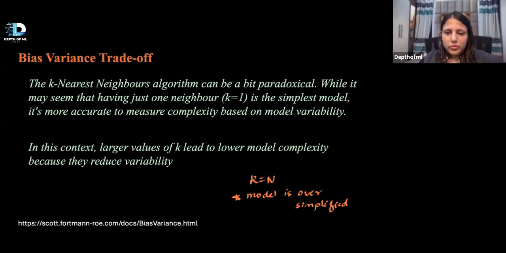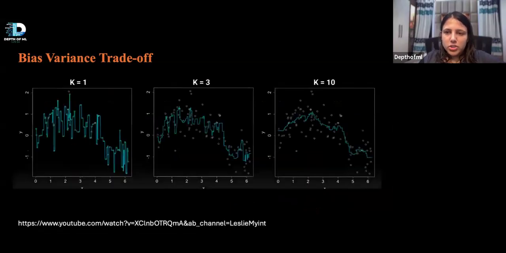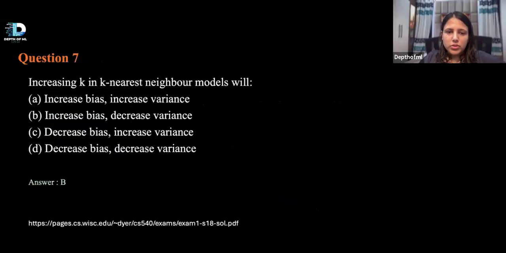Okay, fine. So here we have the decision boundary. Cool, let me move over to this answer. The answer is B, as you guys already told me. This is the correct answer because with K equals N, the model is oversimplified.